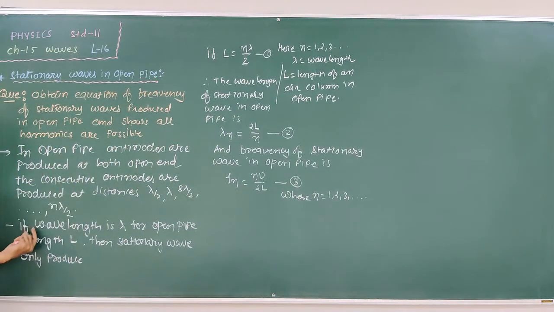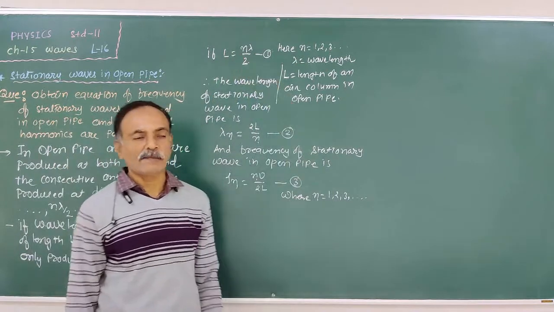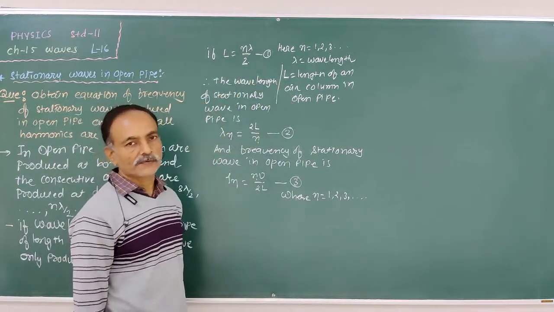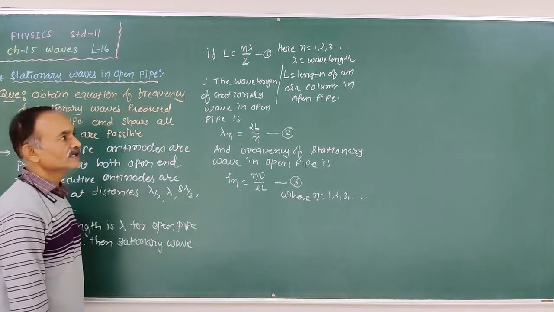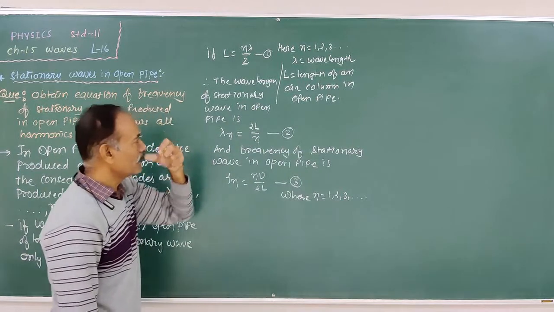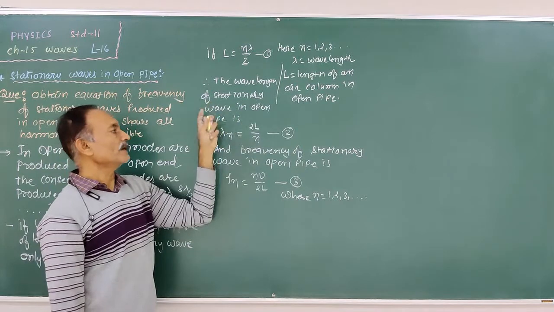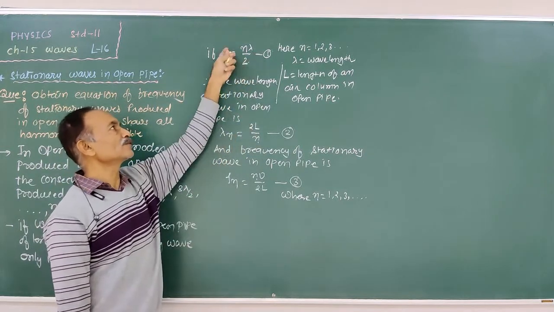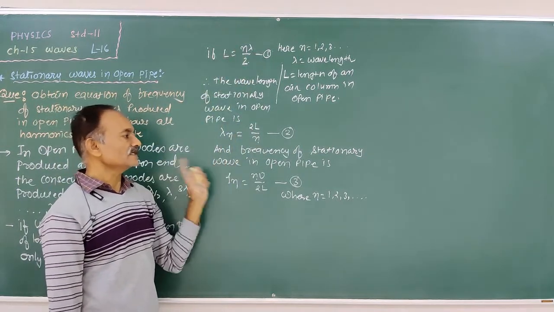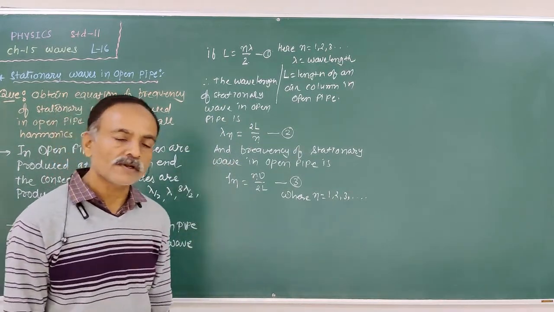If the length L of the air column in the open pipe is equal to n lambda by 2, then stationary waves are produced, where n is 1, 2, 3 and so on. The wavelength is lambda n is equal to 2L upon n, and the frequency is Fn is equal to nv upon 2L.